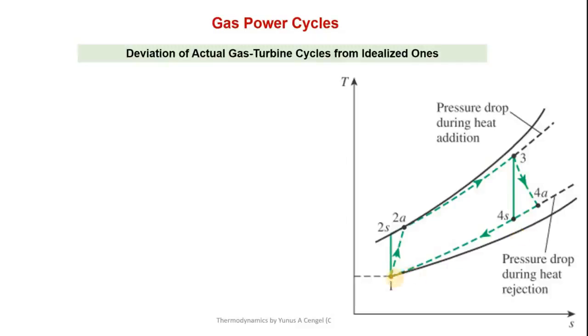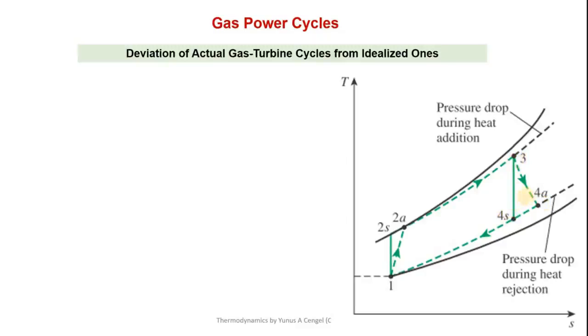The irreversibilities in the compression and expansion processes are clear; the actual process will be non-isentropic. 1 to 2A represents non-isentropic compression in the compressor, and 1 to 2S represents ideal or isentropic compression. Similarly, in the turbine expansion process, the ideal process is 3 to 4S, isentropic expansion, and 3 to 4A is the non-ideal or non-isentropic expansion.